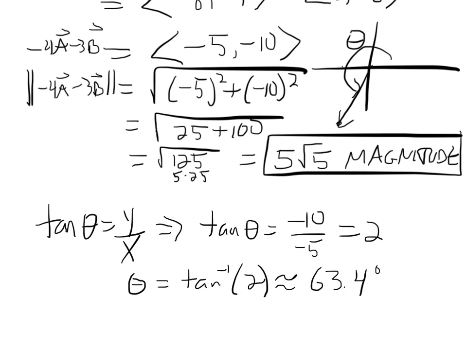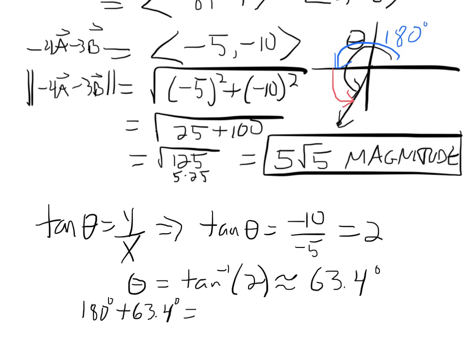Now, back to the picture. What we have found is just the reference angle. We need to add 180 to that to get into our third quadrant. So for the direction, we work out 180 degrees plus 63.4 degrees.